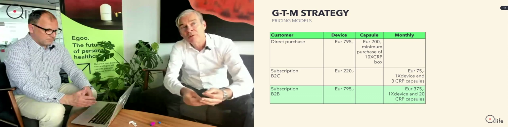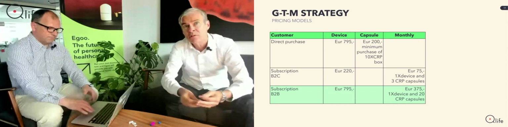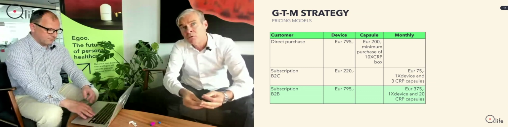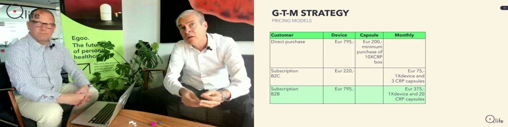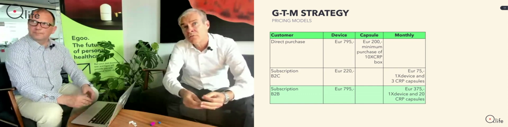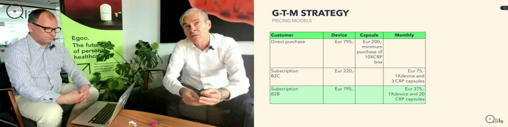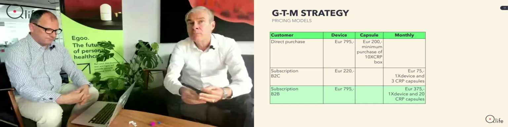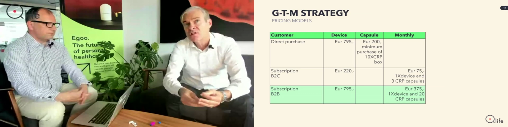Then we developed a subscription model. We are obviously also interested in having people on subscriptions. Here, the entry point is somewhat lower. You sign up and pay €220 to receive the device, and then you sign up for receiving 3 CRP capsules every month for 12 months at a cost of €75 per month, and you have to have a subscription of at least 1 year.